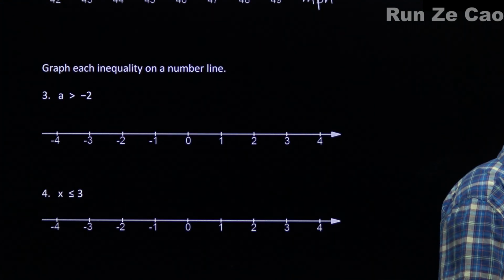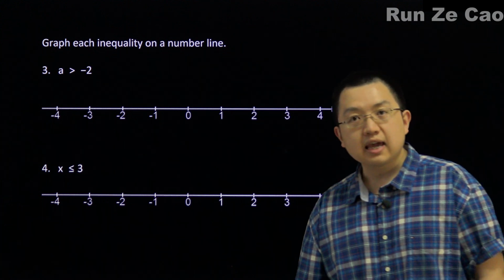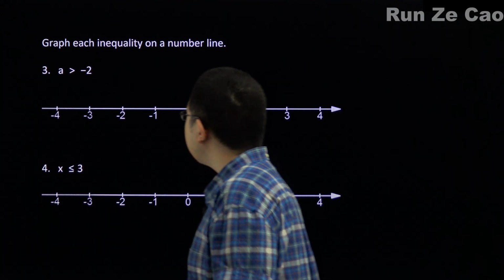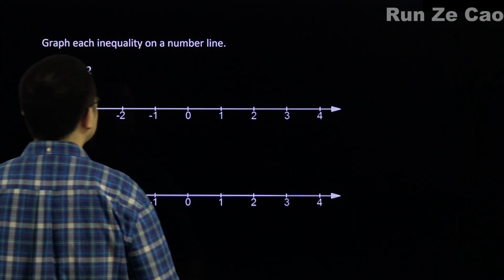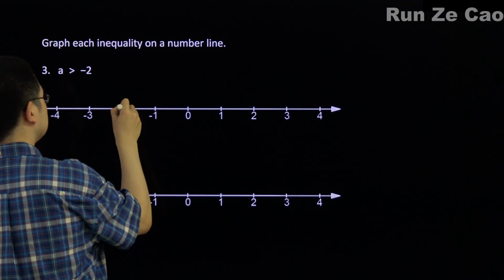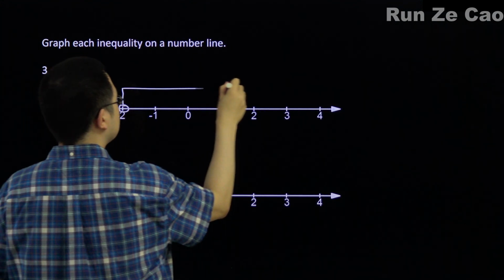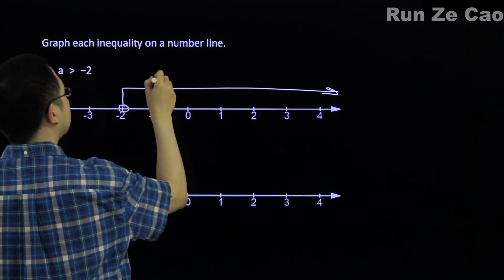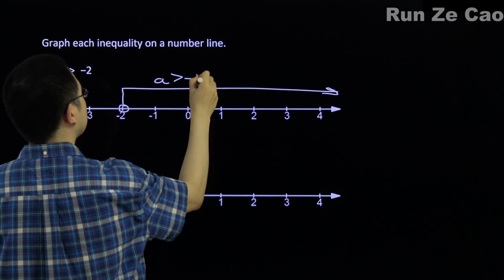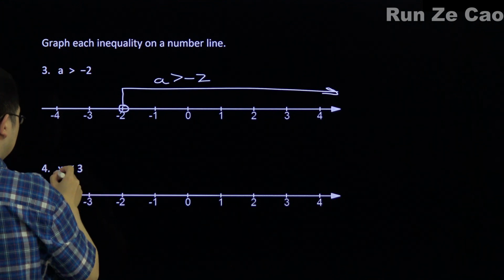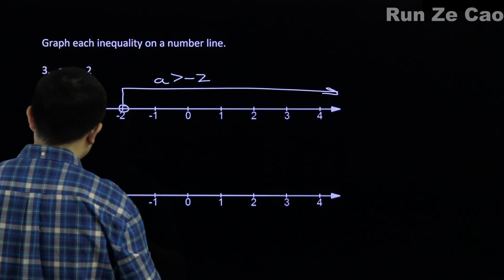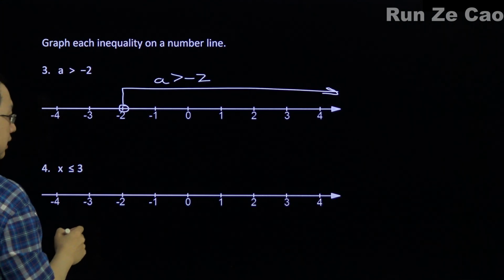Graph each inequality on a number line. A is strictly greater than -2. Well, open circle at -2, then you have A is greater than -2, label it. X is less than or equal to 3.